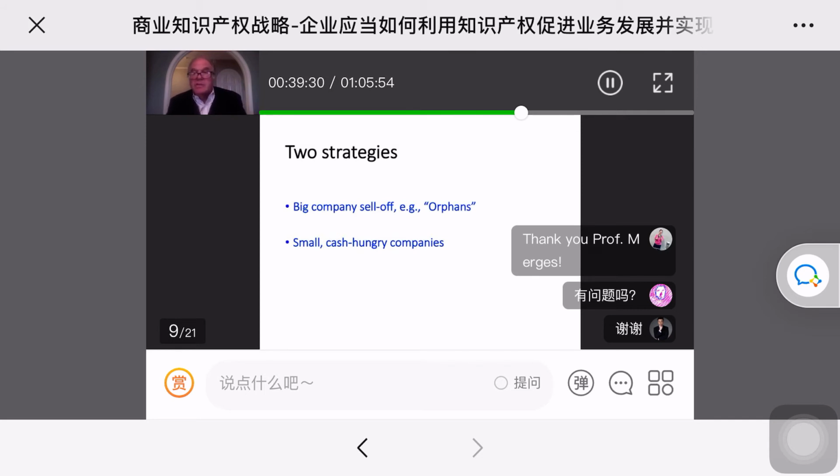Okay. The other place is small companies, new entrants, startups. Sometimes a startup company starts out with a big push. They acquire a number of patents in a field. But then, as often happens with small companies, they may run into cash flow problems. They may run into financial difficulties.